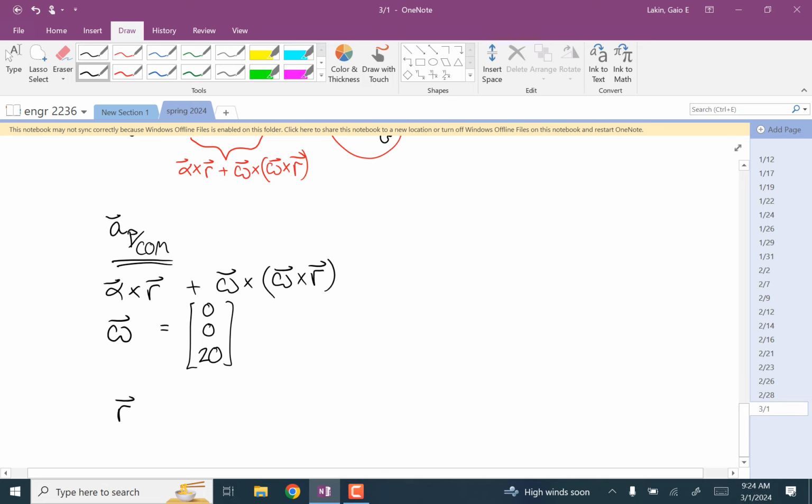The r vector: just like the definition of the row vector, you should be able to come up with the definition of r also. That is a vector from the center of the circular or spherical motion to the point that you care about.